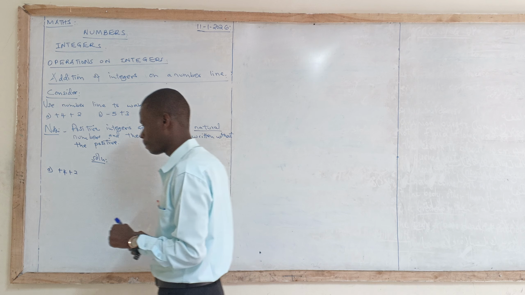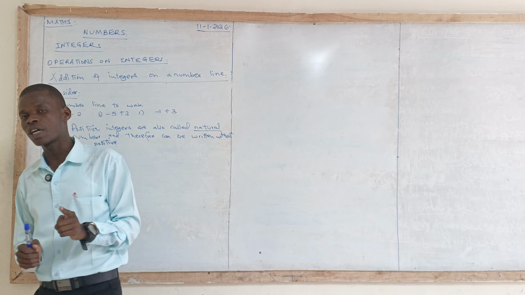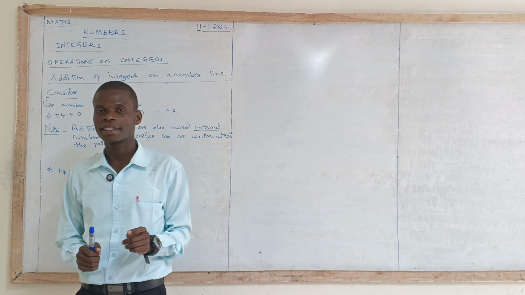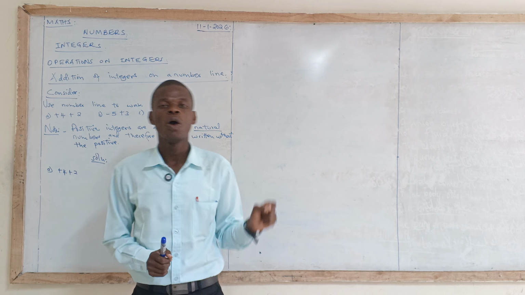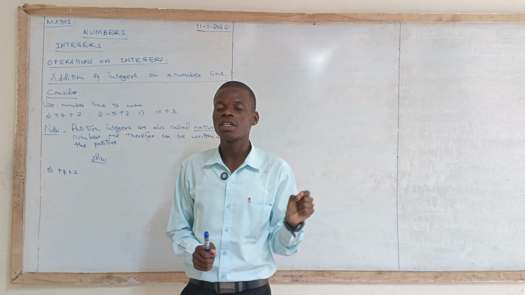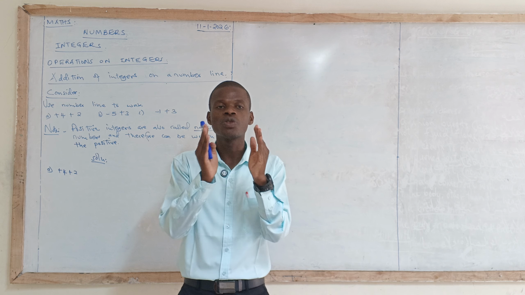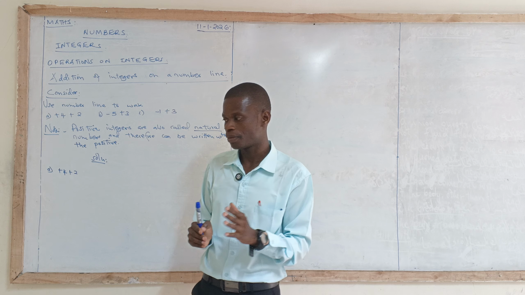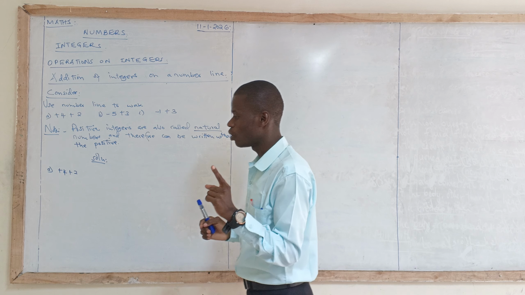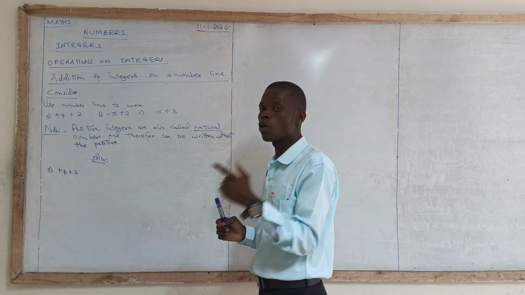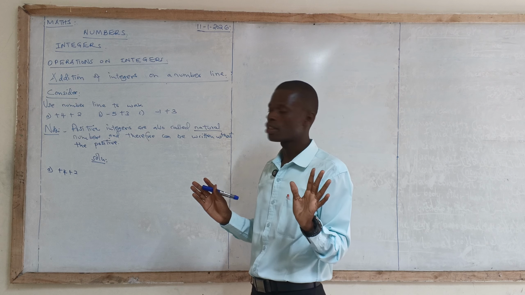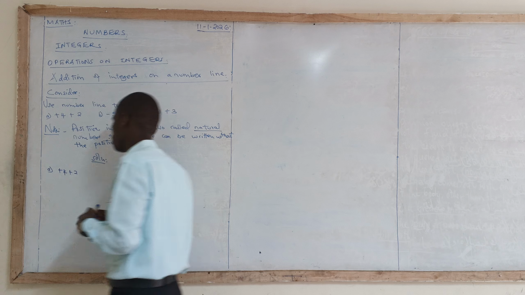So, if we have a negative, can we still add? Yes. Remember, we can add a negative integer. We can also add a positive integer. We want to see the procedure. But one thing we need to know: positives are towards the right, negatives are towards the left.